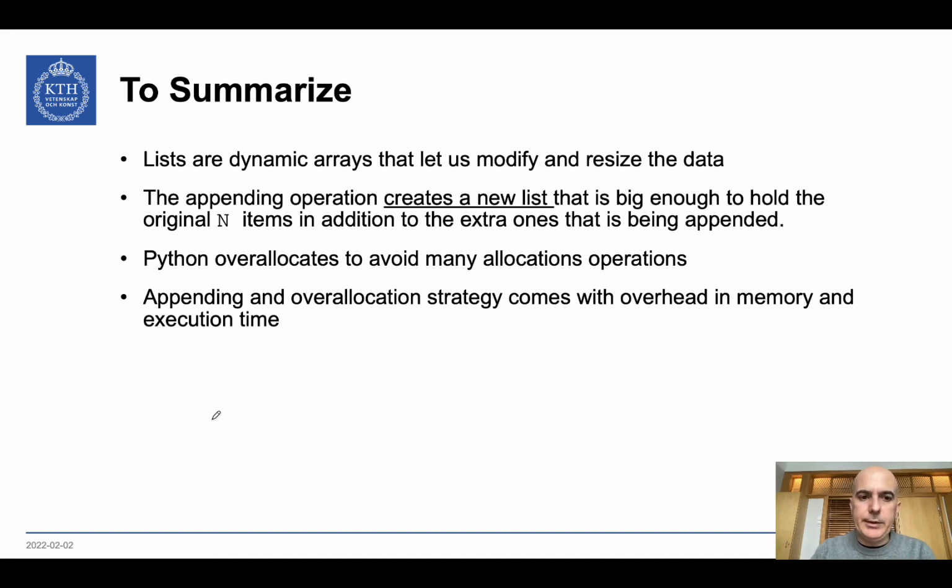We saw also that when we add elements, the Python virtual machine over allocates to avoid many allocation operations. The reasoning is that if you do one appending, it's probably the first of many, so we over allocate. And the last point I want to make is that appending and over-allocation strategies come with overhead, both in memory and in time. This is the last slide of this lecture, and talk to you soon.